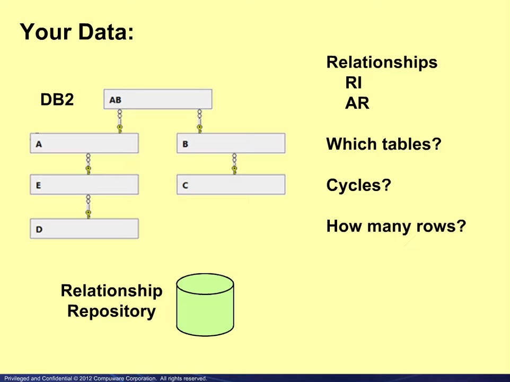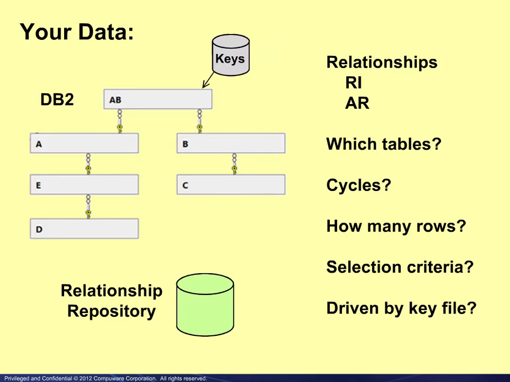The number of rows to extract may be set at the table level, and selection criteria may be set at the field level. For example, testing may require only rows pertaining to banking customers with a specific account balance range, or sales orders processed after a specific date. Finally, the extract may optionally be driven by a file containing specific key values.